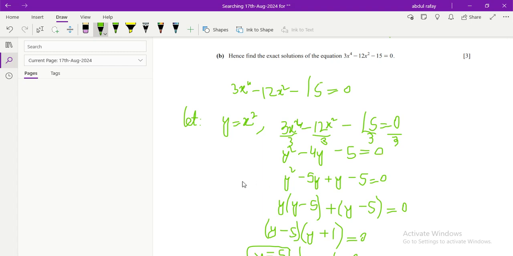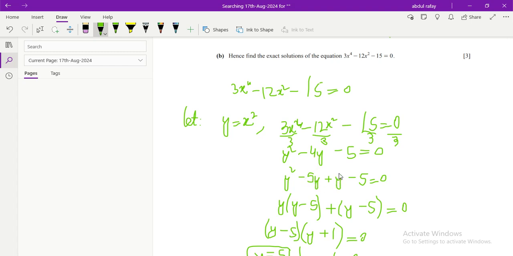Now you can just factorize this. How will you factorize this? You need to think of two numbers which, when multiplied, give minus 5, and when added, give minus 4y.